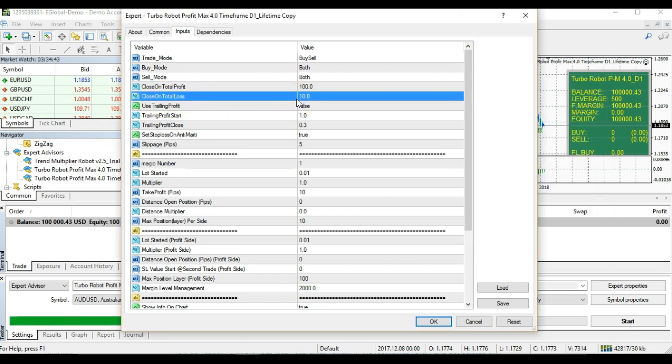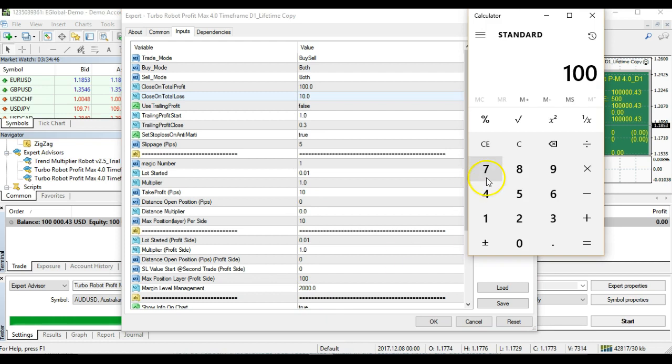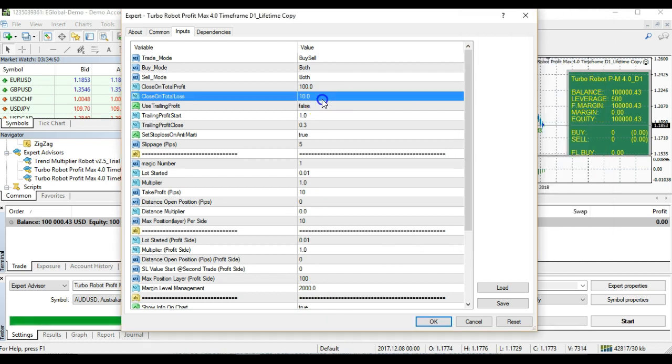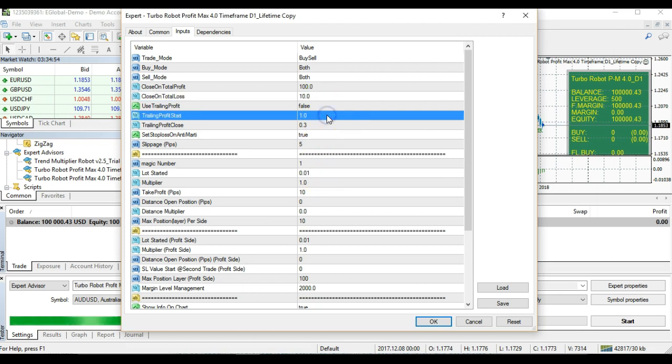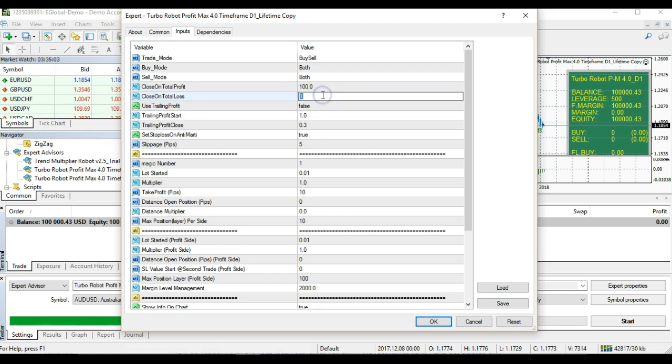So for that particular series of trades, it is 100 pips, so I will lose $10. If it is $1 for every 10 pips and you reach 100 pips, then you have lost. And if you don't want to have a loss, I just put it at 0, so it doesn't matter.